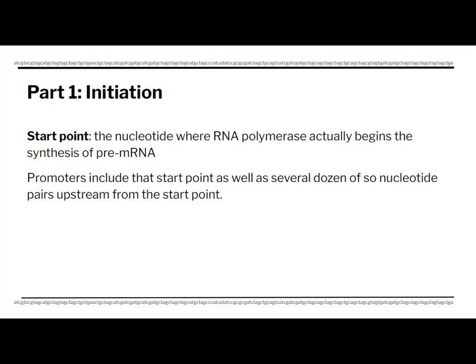The start point is the actual nucleotide where RNA polymerase begins synthesis. The first new nucleotide is the start point. Promoters will include that start point as well as several dozen nucleotide pairs upstream from the start point.